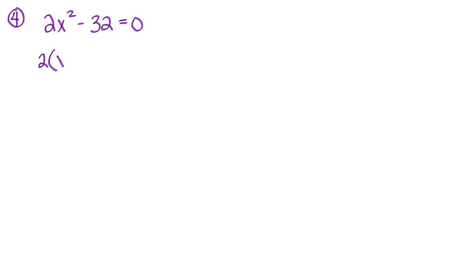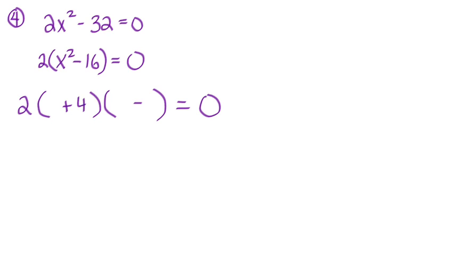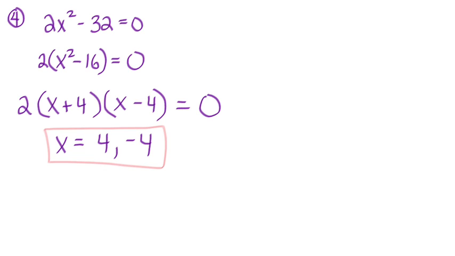Well, I know that I can factor in here. I take out a GCF and I have a difference of 2 squares. So I know this is going to be plus or minus 4, because when I have x plus 4 equals 0, that's going to be -4. And when I have x minus 4 equals 0, that's going to be positive 4.